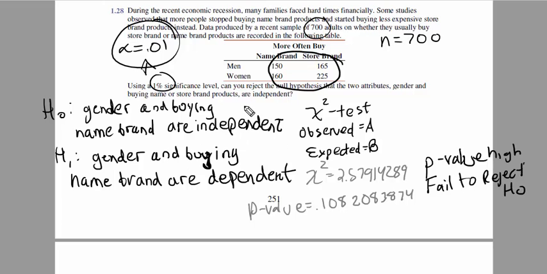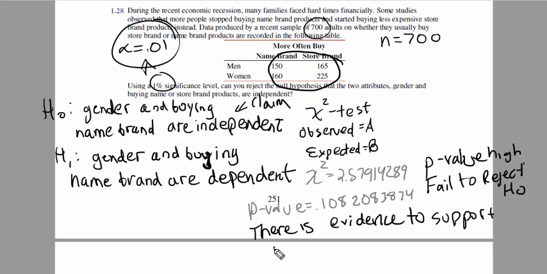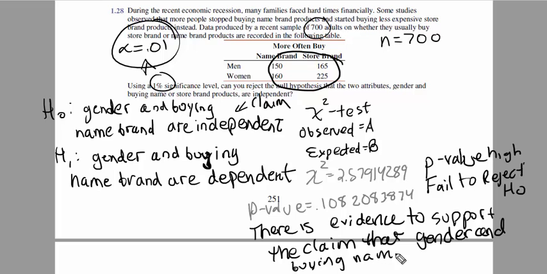So if your claim is that they're independent, then again, there is evidence to support the claim that gender and buying name brand are independent.